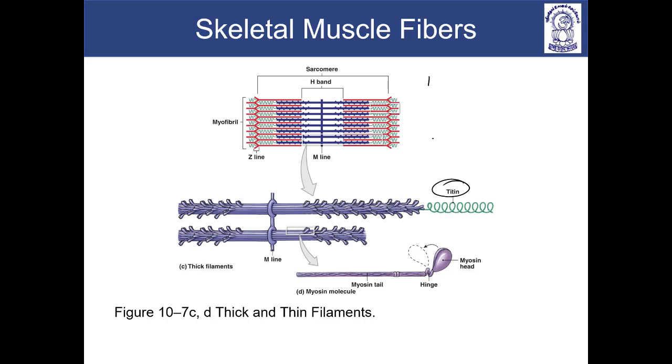Titin basically helps to attach it to the Z line. It is a hexamer with two heavy chains and four light chains.